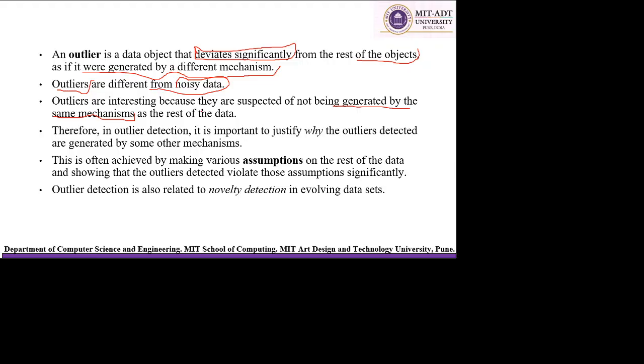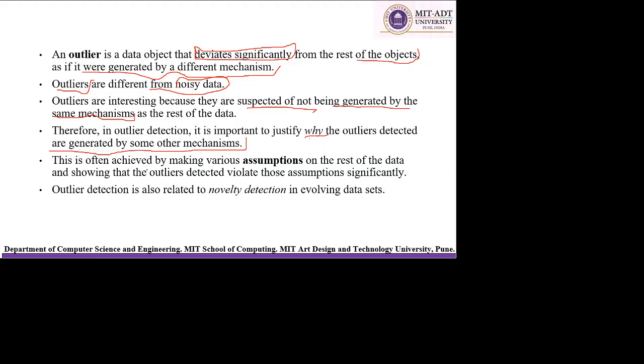So outliers are interesting because they are suspected of not being generated by the same mechanism as the rest of the data. Therefore, in outlier detection, it is very important to identify why these outliers are detected, whether they are generated by the same mechanism or another mechanism compared to the whole data set.